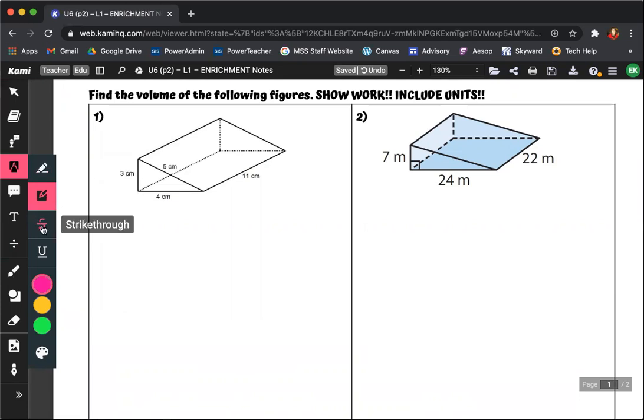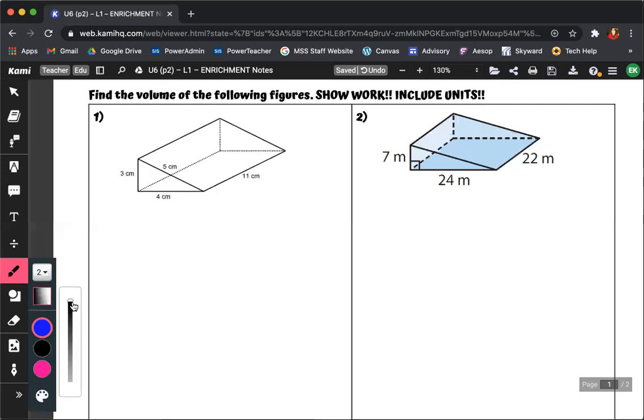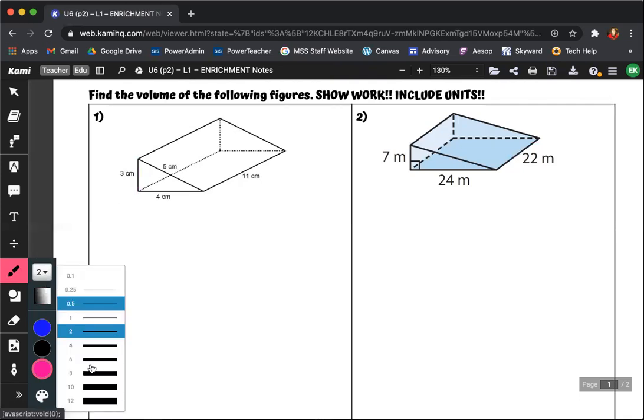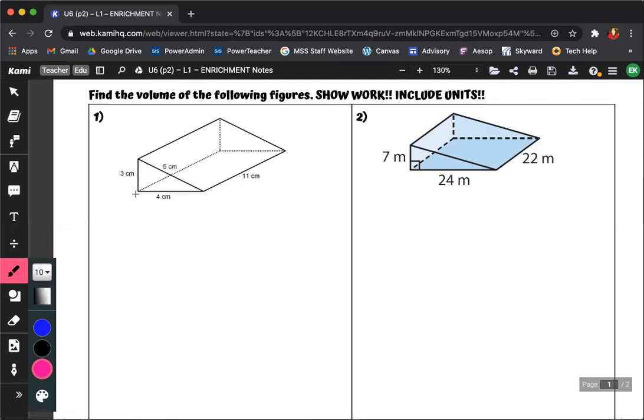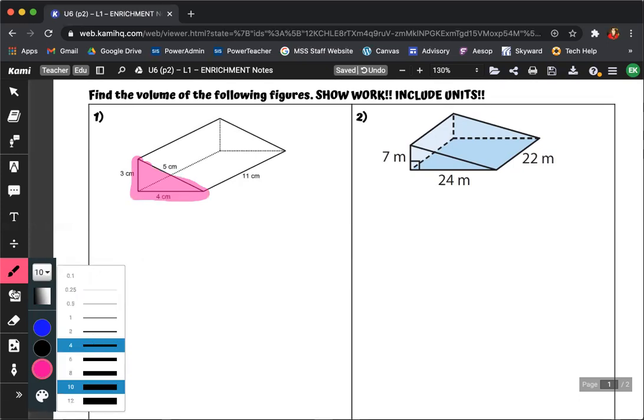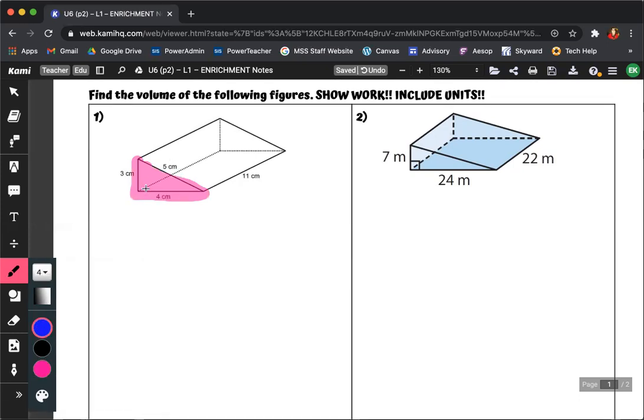So if we're looking at this, I see my base here is my triangle. And specifically, we're looking for where that 90-degree angle is, which would be right here.